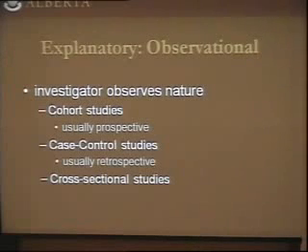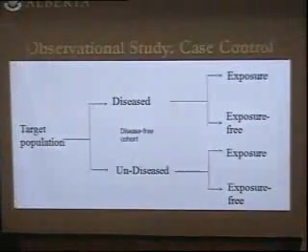In most cases, case control studies are retrospective, and in most cases, cohort studies are prospective. Not in all situations, but if you're reading the general literature, that's what you're going to find. Cross-sectional studies are just a sample or a snapshot that's occurring in time. Taking a picture of what you're seeing and then comparing the two groups.